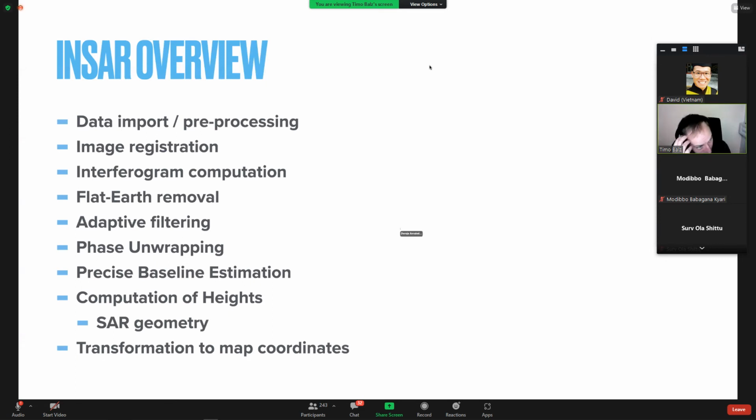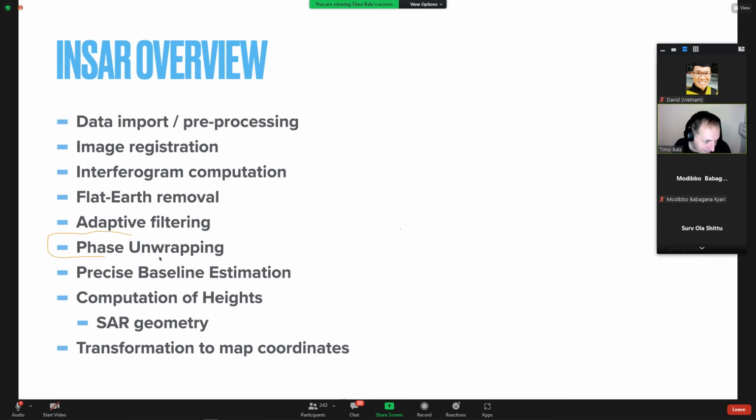Okay, and the complicated parts here are the parts that, let's say, can go wrong. That's the image registration, right? Mapping these images together. That is comparably easy in SAR compared to optical data, where you have much more disturbances, but still that's something that can go wrong.